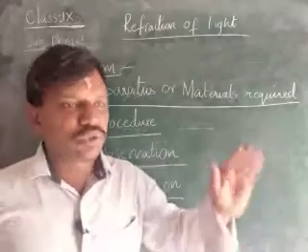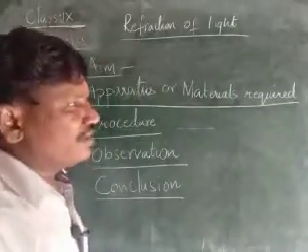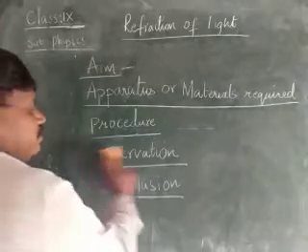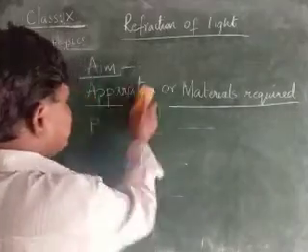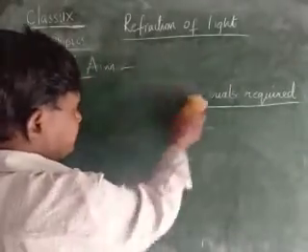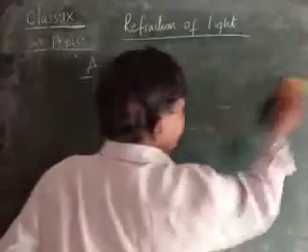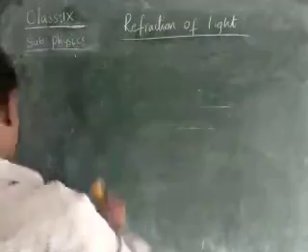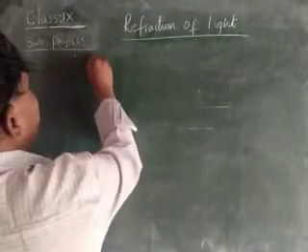Now I will use all these and I will write lab activity 1, children. Aim. What is the aim?